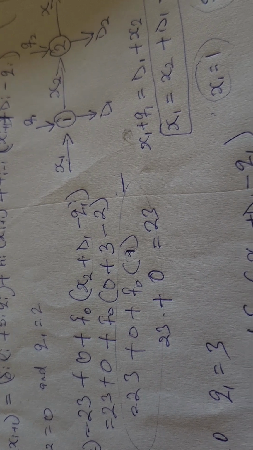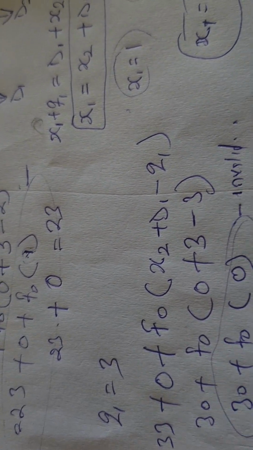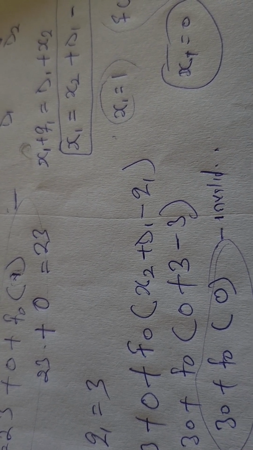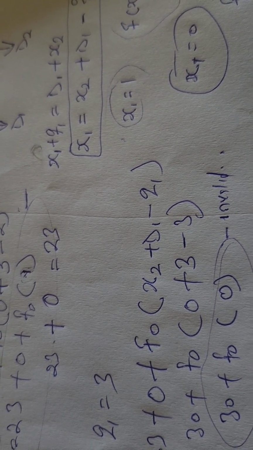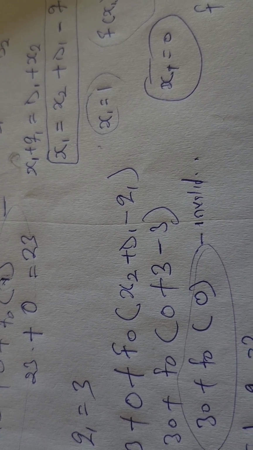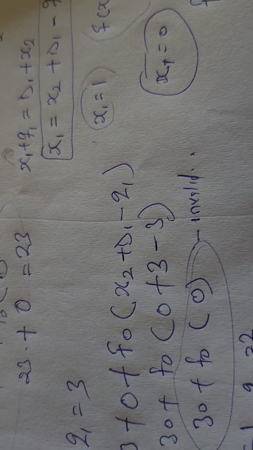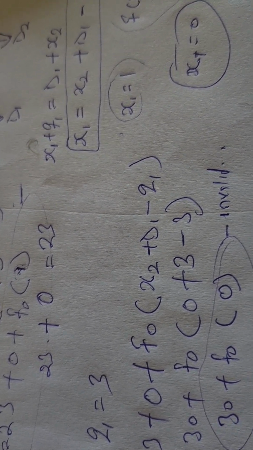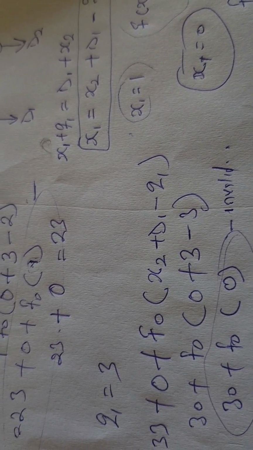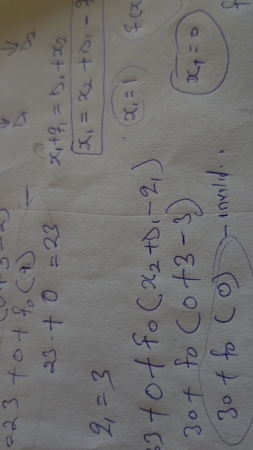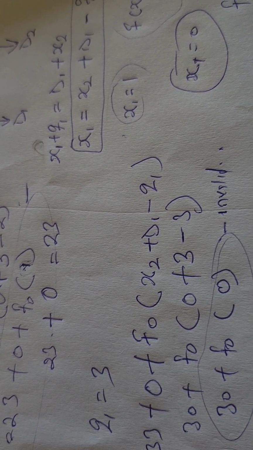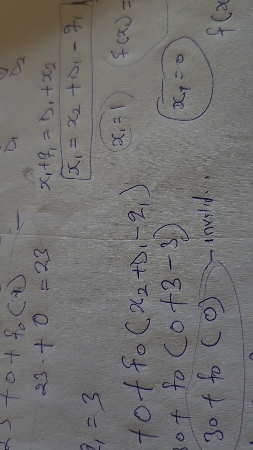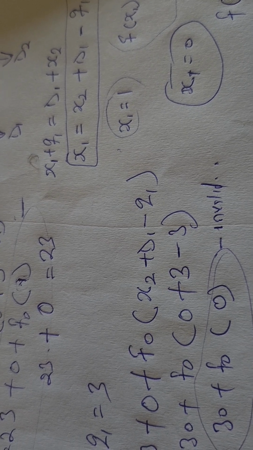So 23 plus 1, that's 24, plus f of 0, that's x2, plus d1 minus q1. When x2 here is 1, our d1, of course, is 3, our q1 here is 2. So it is equal to 24 plus f naught, that is 2, right?